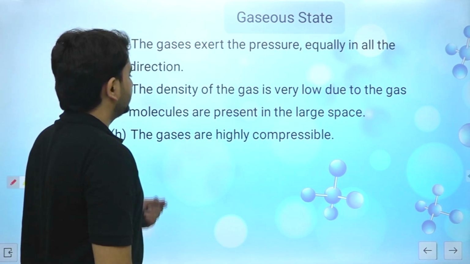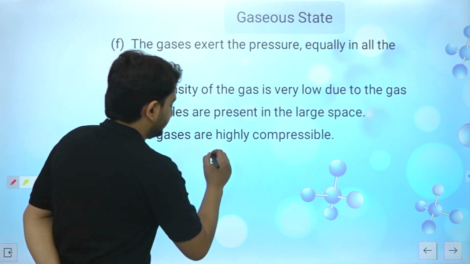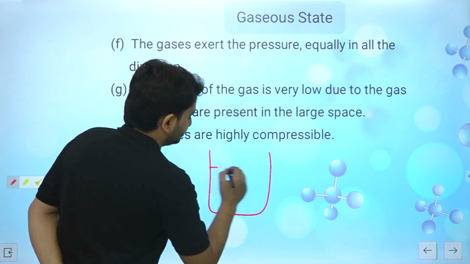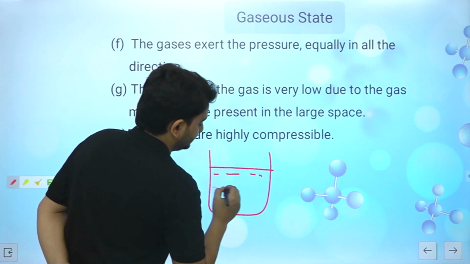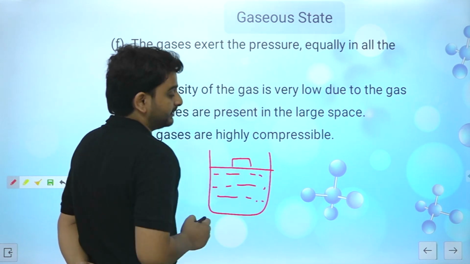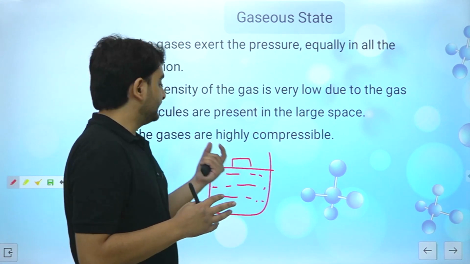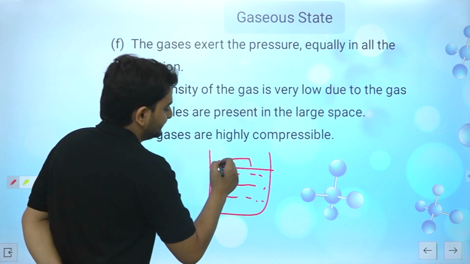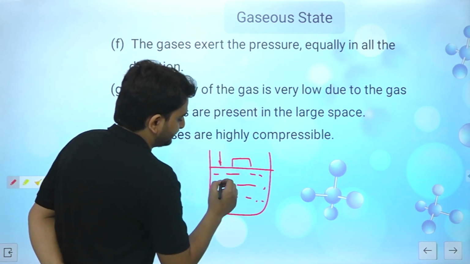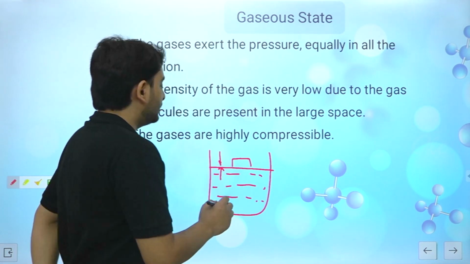Okay, the next point, they are highly compressible, all right? So for example, if we have a container which is filled with gas, and this is a piston system, initially it will be in an equilibrium state. That means the pressure exerted on the piston would be equal to the pressure exerted by the gas on the container wall, right?